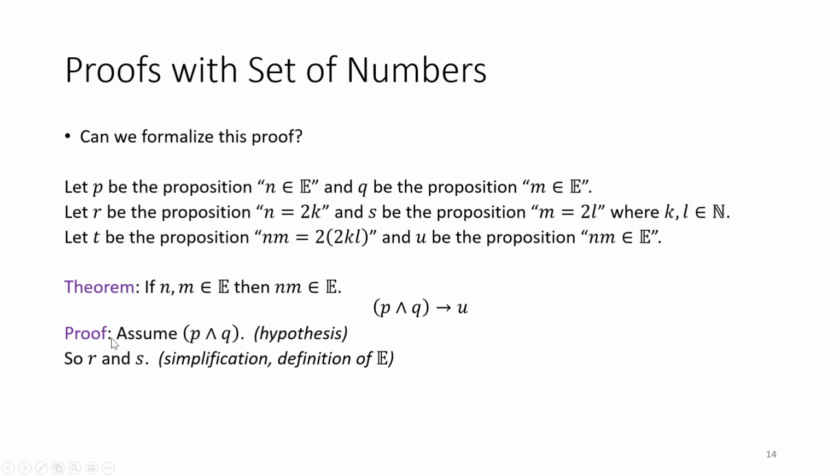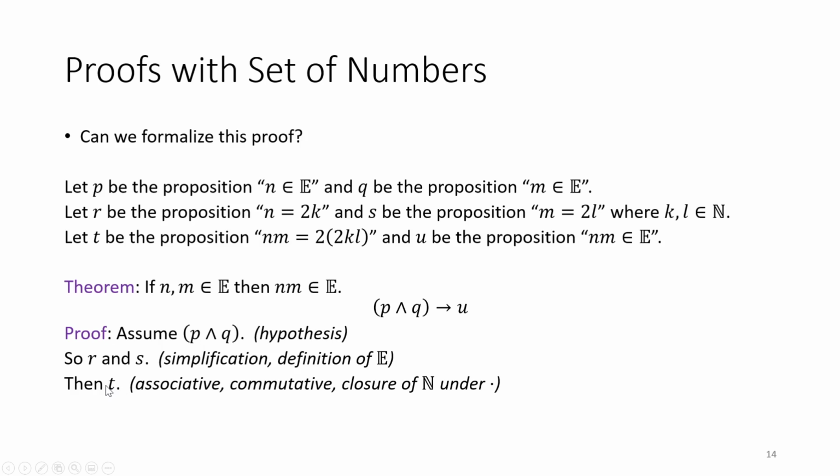P implies R, so let's follow through that. P, which is saying n is even, implies that n is equal to 2k. And then same thing with Q. Q, saying that m is even, implies S, that m is equal to 2l. So here, using simplification and 2 applications of the definition, we arrive at R and S. Now, we get to T by doing algebra.